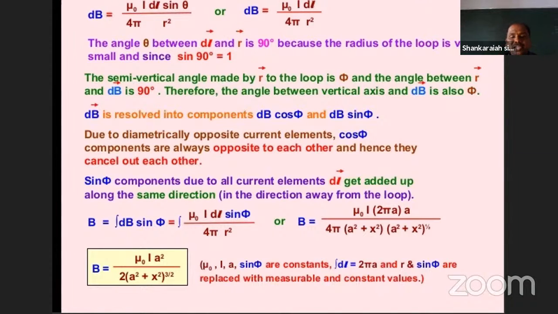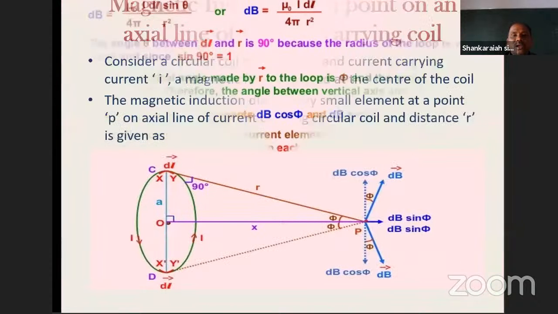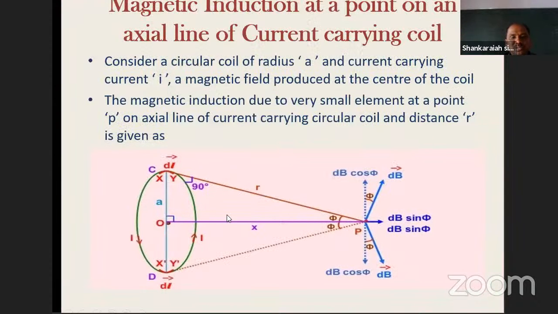Go to the diagram. Listen, this is the angle. The opposite side is a, the hypotenuse is r, so sin phi is equal to a by r.